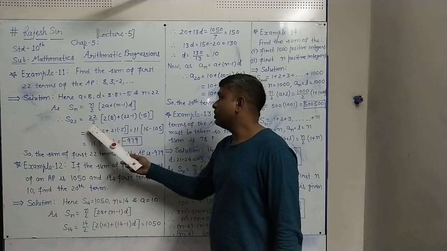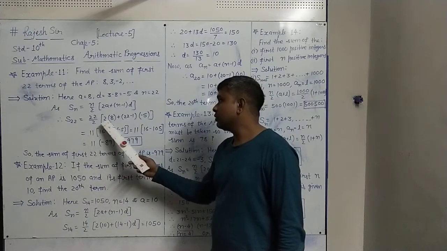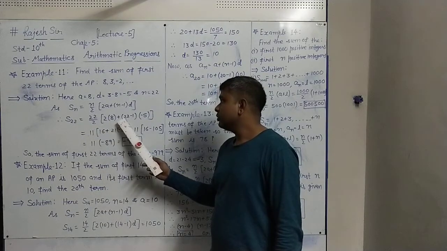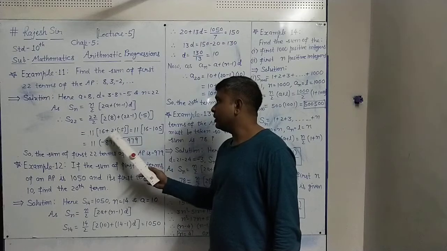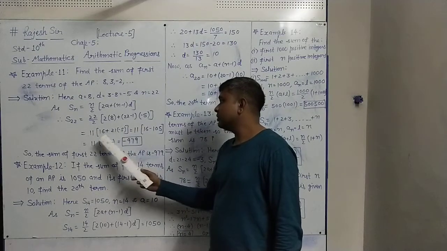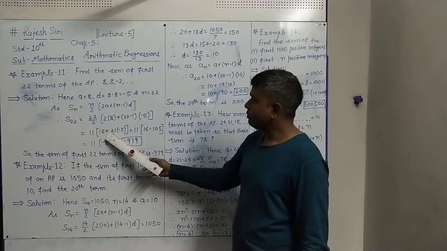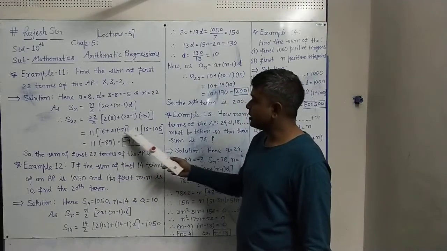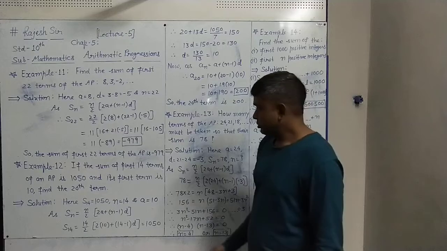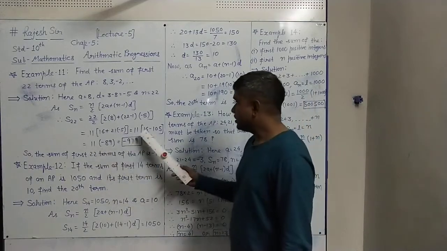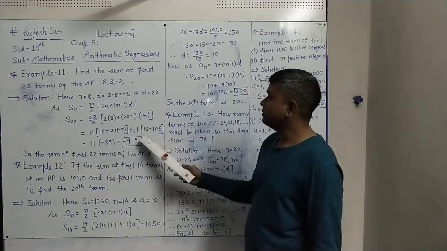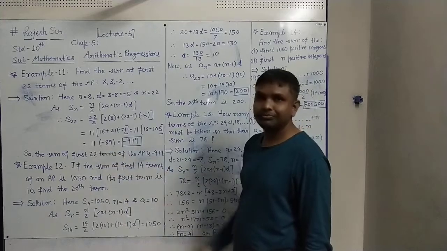So 22 upon 2 gives 11, 8 twos are 16, 22 minus 1 gives 21, and minus 5 as it is. 21 fives are 105. So 11 as it is, and 16 minus 105 gives minus 89.